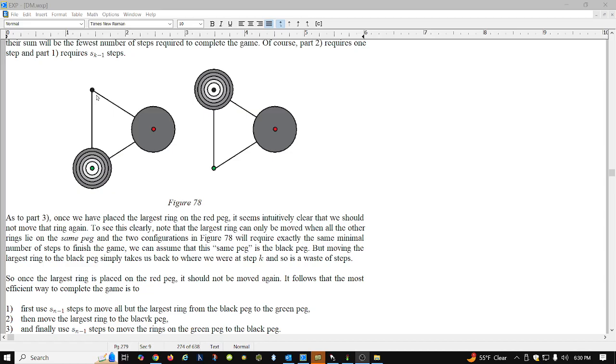We've done a move and then we've undone it. So that's a waste of steps. Okay. And the same kind of argument could be made if this was the configuration. So from this point of view, it seems pretty clear that you don't want to move that largest ring again.